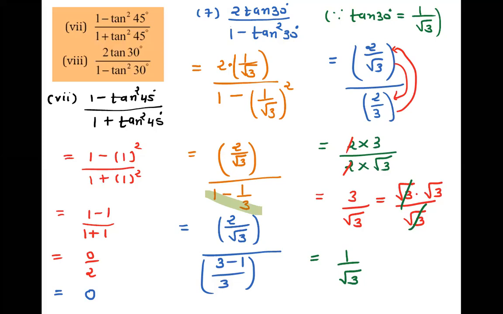The denominator moves to the numerator and is multiplied with it, and the denominator goes with the last denominator and is multiplied with it. Common terms will be cancelled. 3 is written as under root 3 multiplied twice. So this is your answer. Hope you understood. Do you have any question related to this one?